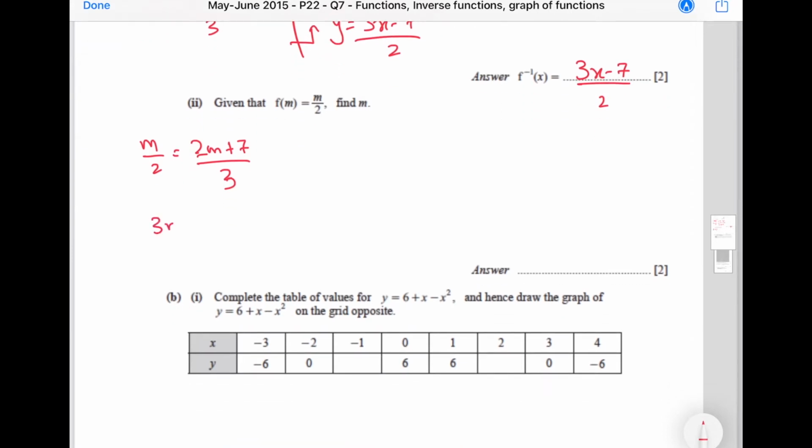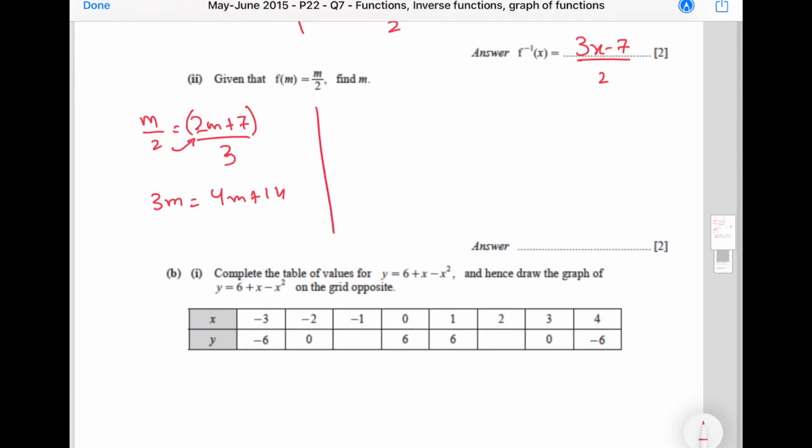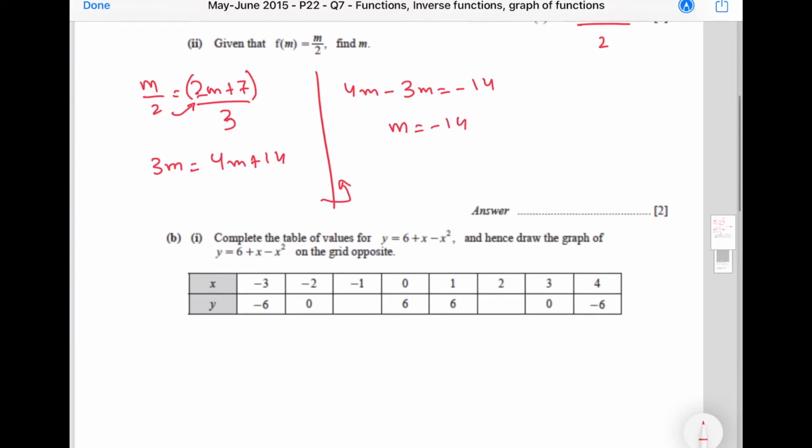This becomes 3m equals 2 gets multiplied with this entire thing. This becomes 4m + 14. Then we have to make m the subject. So this becomes 4m minus 3m, and 14 goes to the other side becoming negative 14. This becomes m equals negative 14, which is your answer. The value of m is negative 14.